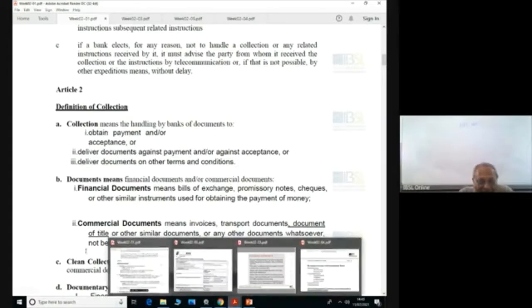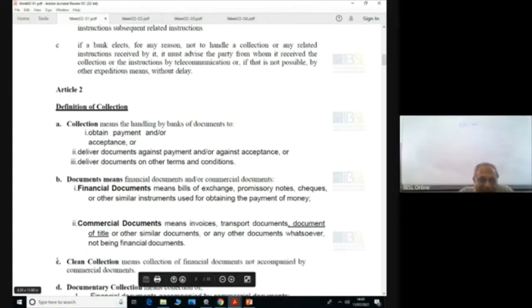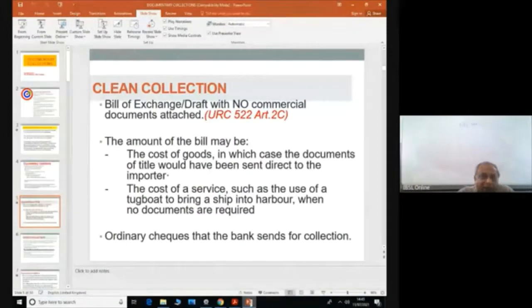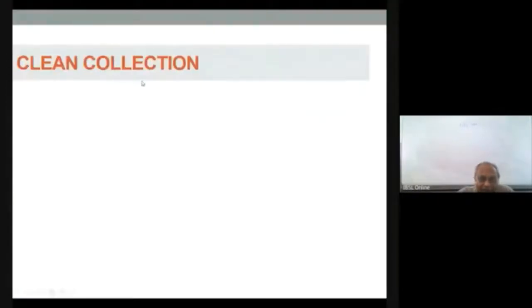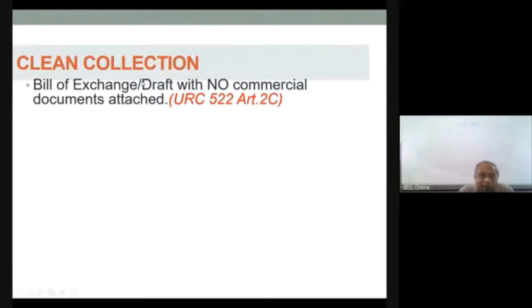The definition is given. Clean collection means collection of financial documents not accompanied by commercial documents. Right? Now let's look at this. Clean collection. Bill of exchange draft with no commercial documents attached. URC 522 Article 2C.